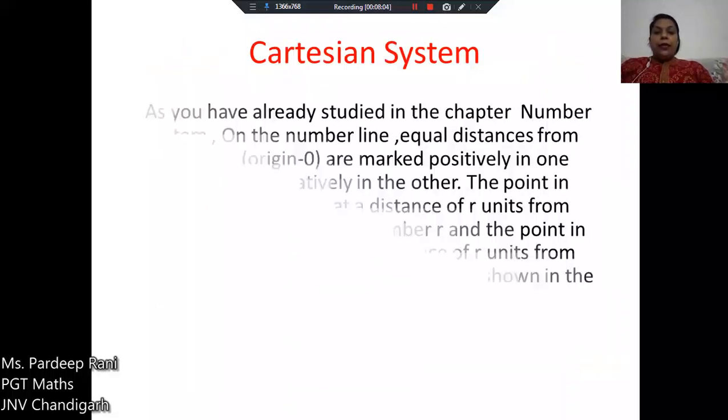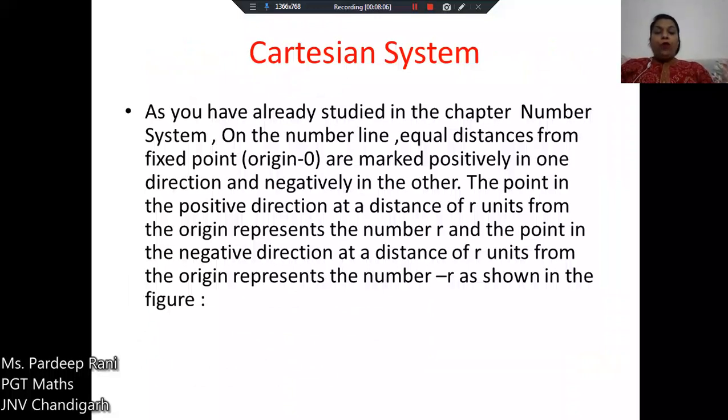Now, what is the Cartesian system? All of you have read the chapter on number systems. On the number line, equal distances from the fixed point, that is, the origin, which is 0, are marked positively in one direction and negatively in the other.